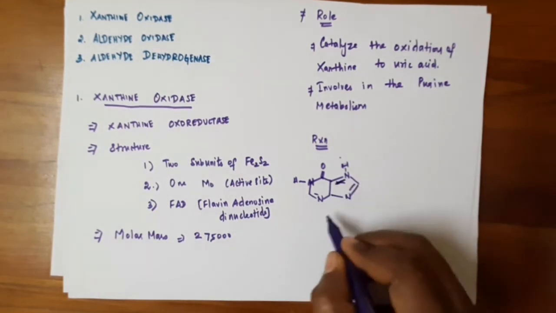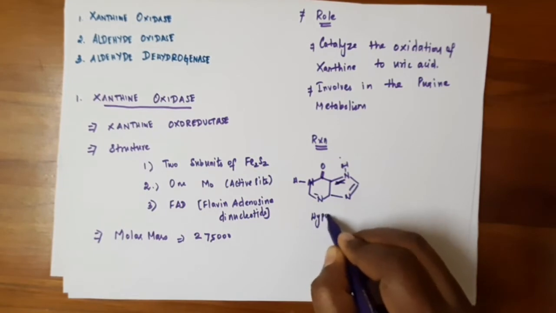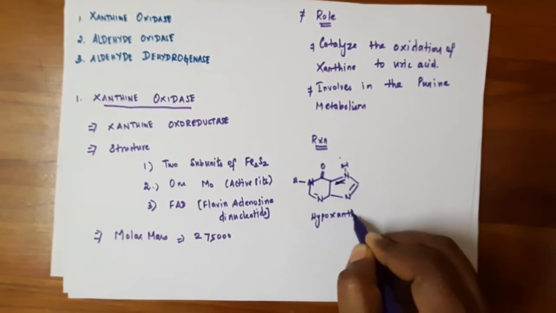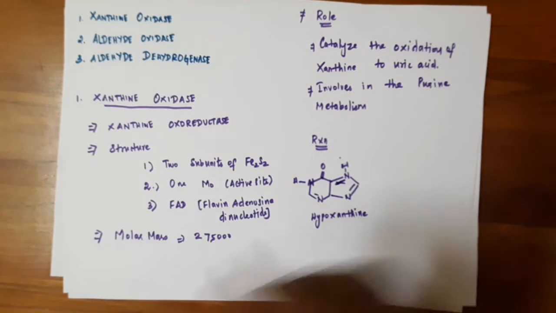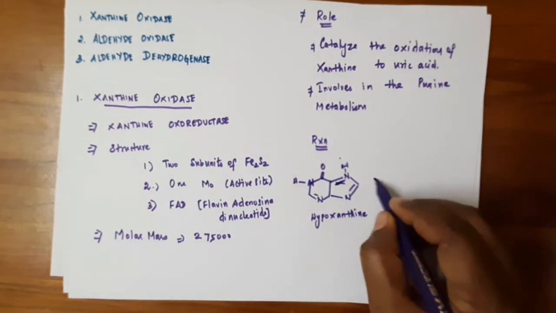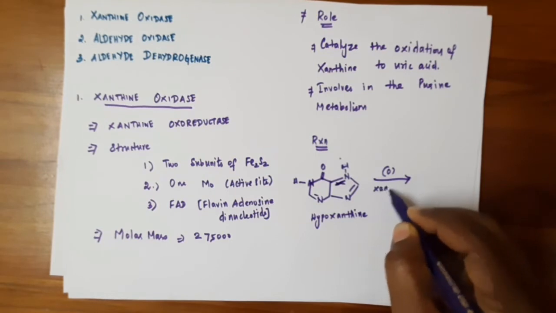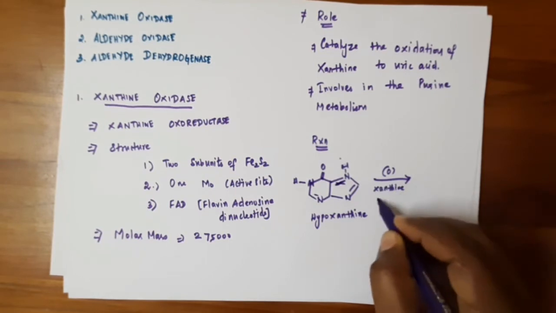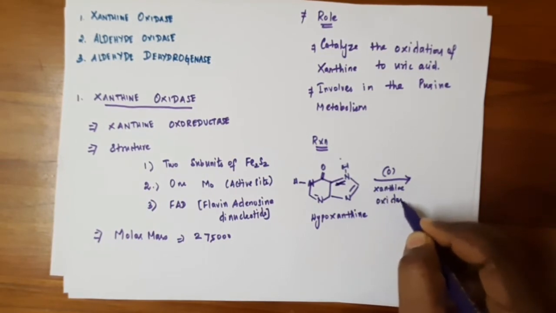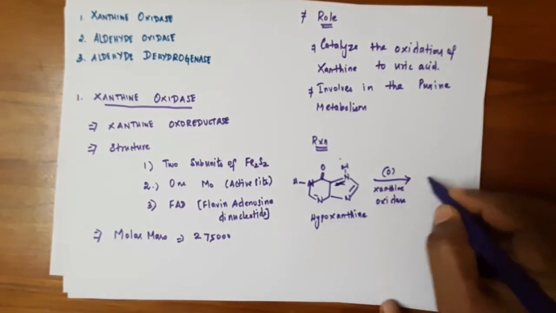This is the hypoxanthine structure. First, the hypoxanthine gets oxidized with the help of xanthine oxidase and is converted into xanthine.